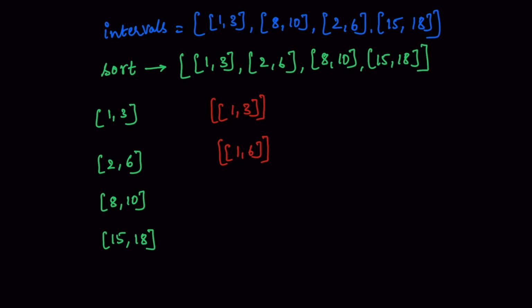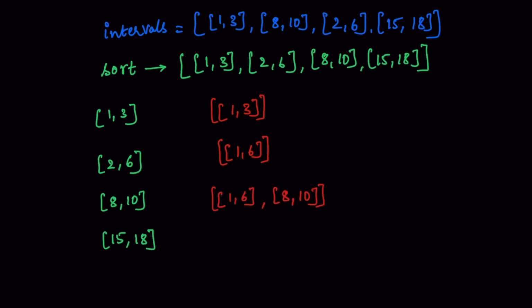Next, we compare this [1,6] with the next interval, [8,10]. We see that both intervals are disjoint, so we are going to store both of them. This is similar to case 3 explained before.